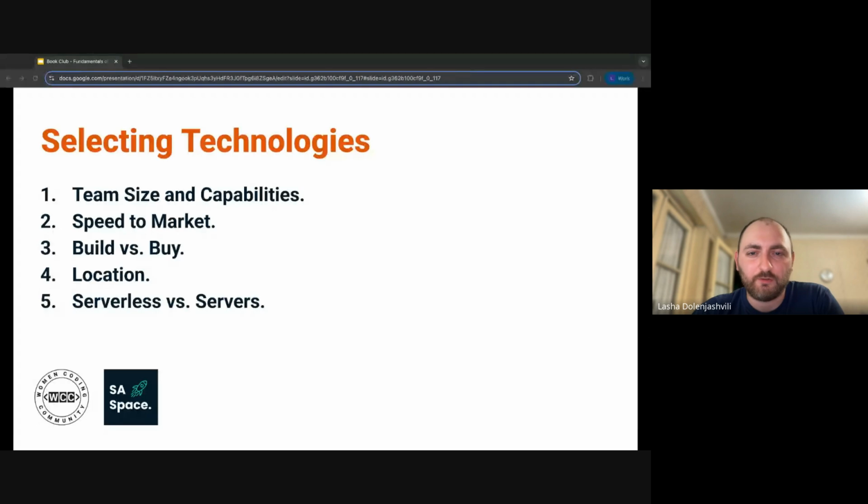Of course, location is one of the key considerations when selecting a technology, especially when we need to choose between different cloud providers. So we might need to ask questions like, do regulations require your data to be on premises, or can you upload the data to the cloud?